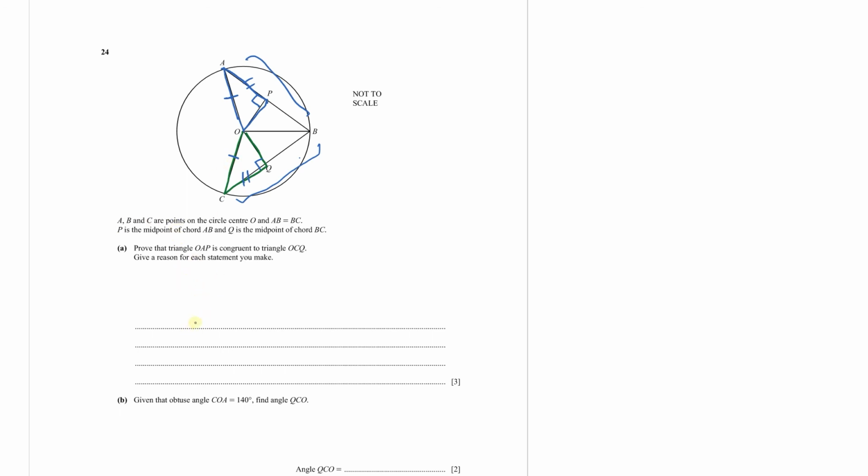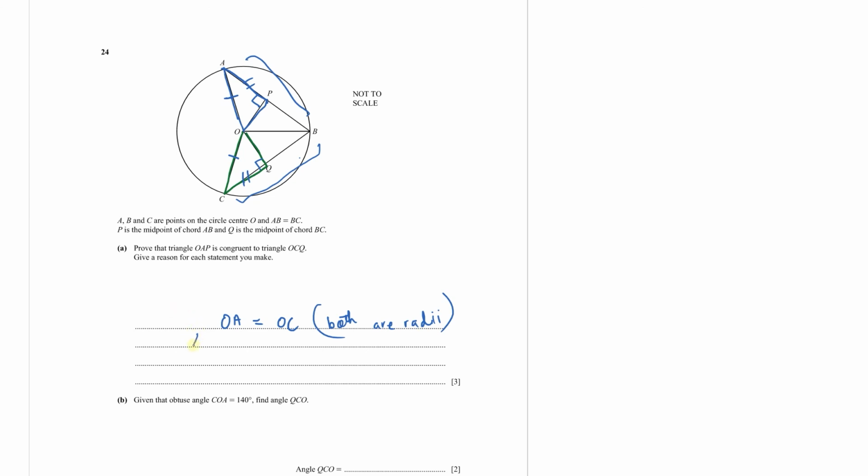So to prove that these two triangles are congruent using the RHS test, let's start with OA and OC. OA equals OC because both are radii of the circle. So this is true.